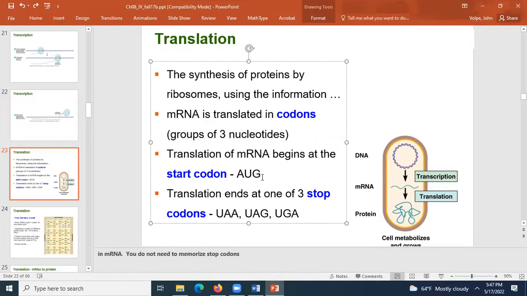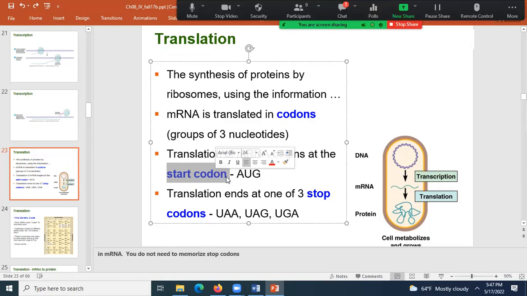The start codon also codes for the amino acid methionine. So the start codon is doing 2 things. It's telling the ribosome, begin protein translation here on the messenger RNA. And it's also telling the ribosome, put in the amino acid methionine.